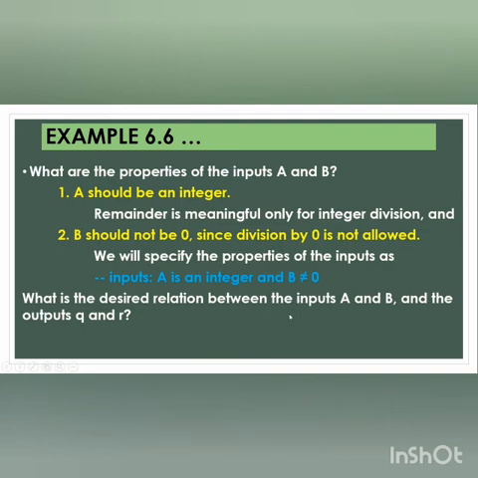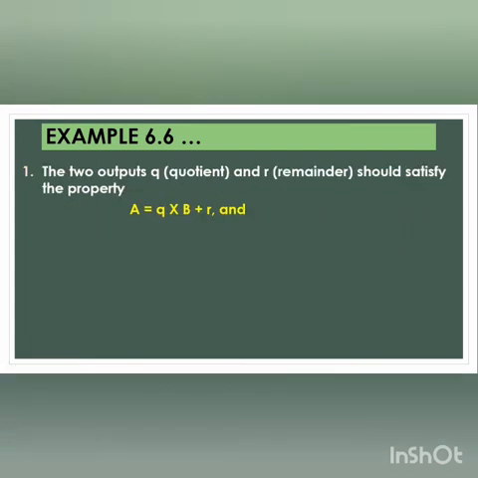Next, we have to specify the relation between the inputs and desired outputs. What is the desired relation between the inputs A and B and the desired outputs Q and R? Here, we have to mention the input property and the output property.